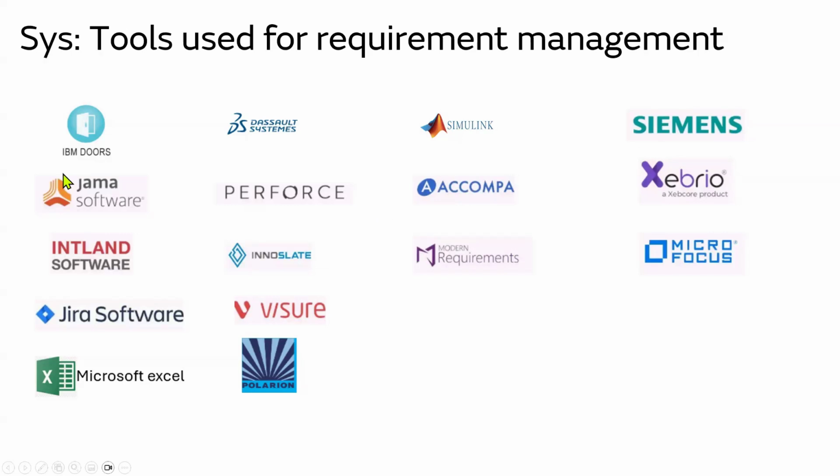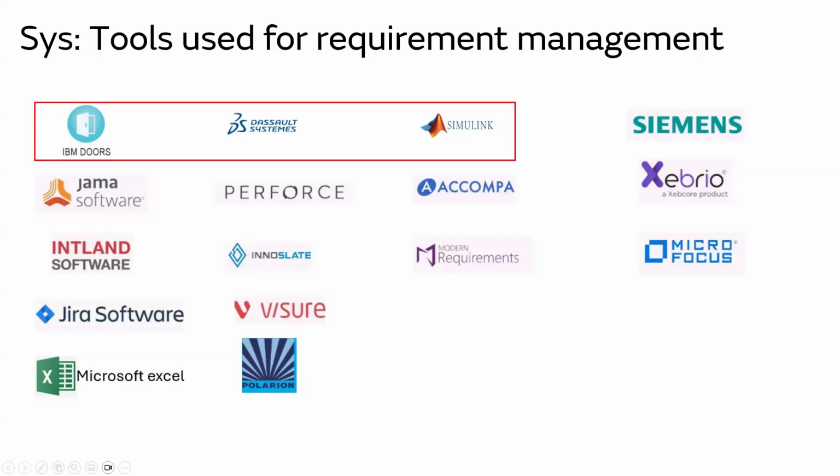In the traditional way in academia, you won't see or hear about these tools, except Simulink, which is used in teaching. Some of these tools you only get to know once you move into companies. For the sake of time, I'll showcase only three tools: IBM DOORS, Dassault Systemes, and Simulink.